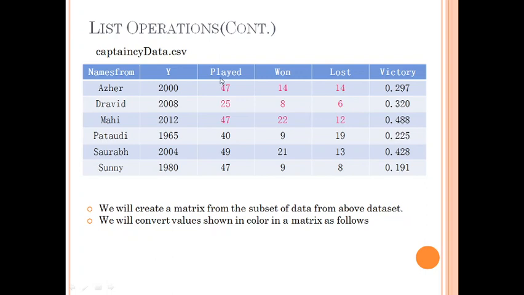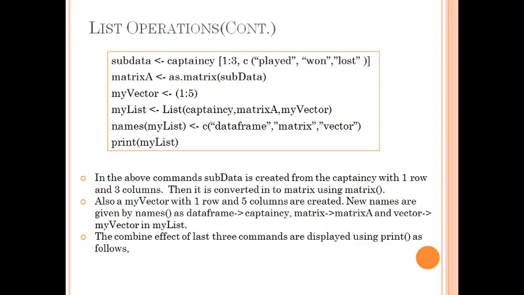It will be a 3 by 3 matrix, and then we will perform various operations on it. Here you can see we are creating that subset not by using a subset function, but simply giving this command. Yesterday also we have used this. Then we will convert it into a matrix. We had seen this part yesterday.